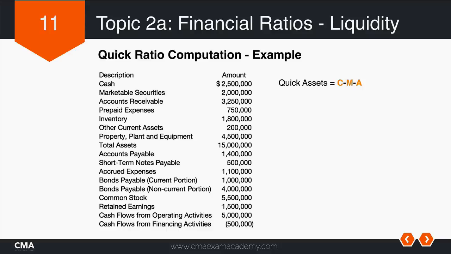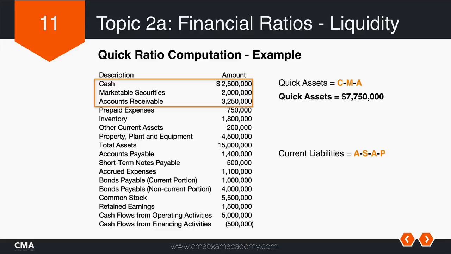For LiquidX, the quick assets or CMA can be computed as the cash of $2,500,000 plus the marketable securities of $2 million plus the accounts receivable of $3,250,000 for a total of $7,750,000.